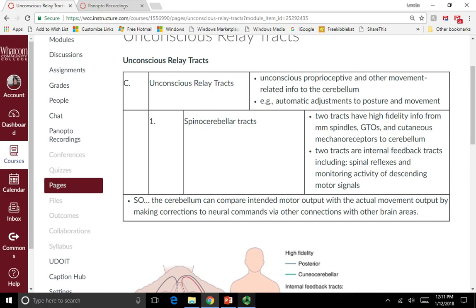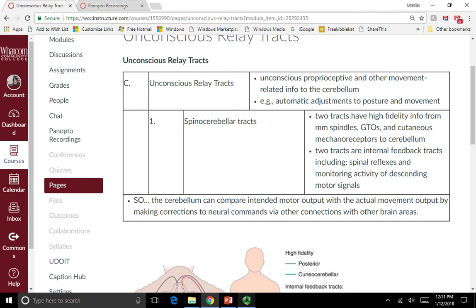There are two tracts that have high fidelity information from muscle spindles, Golgi tendon organs, and cutaneous mechanoreceptors that go directly to the cerebellum. Two tracts are internal feedback tracts, including spinal reflexes and monitoring activity of descending motor signals.